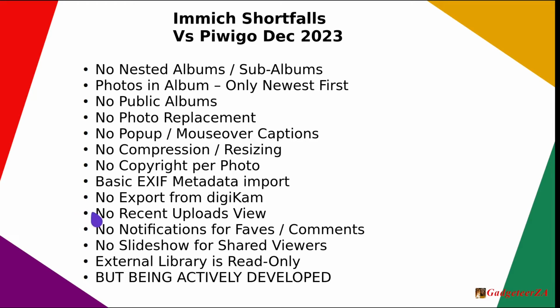The other thing I noticed is that I was uploading a lot of older photos. It was a collection of Christmas photos over the years. And then I couldn't find the photos, because there is no recent uploads view. Piwigo will show you, these are the 25 photos you've just uploaded, irrespective of the EXIF date or photo date that was taken.